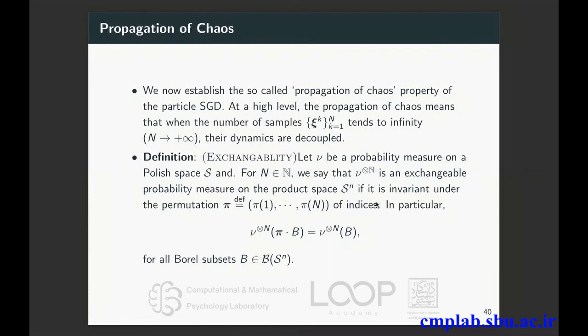The first definition that I need is the notion of exchangeability. A probability measure is exchangeable if it's invariant under permutation. So if I have a probability measure and a permutation of indices, exchangeability means that the value of this probability measure is invariant under this permutation.